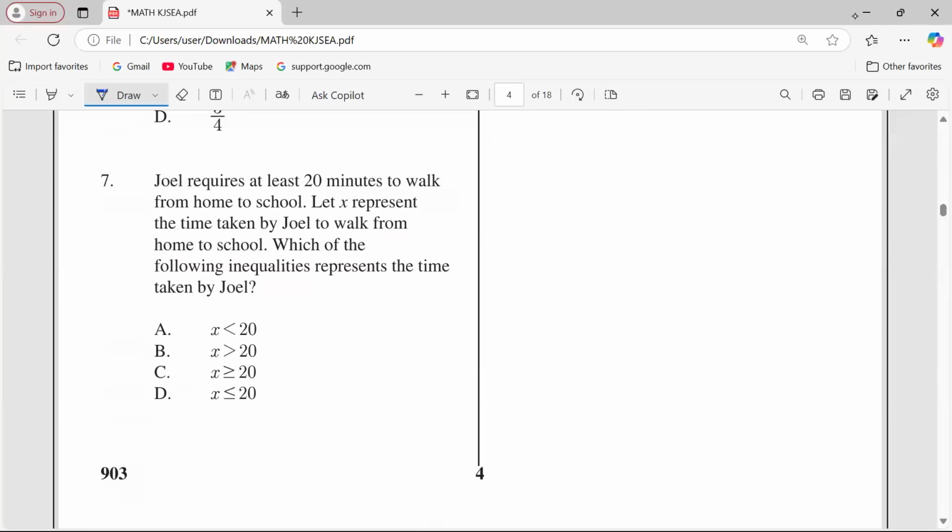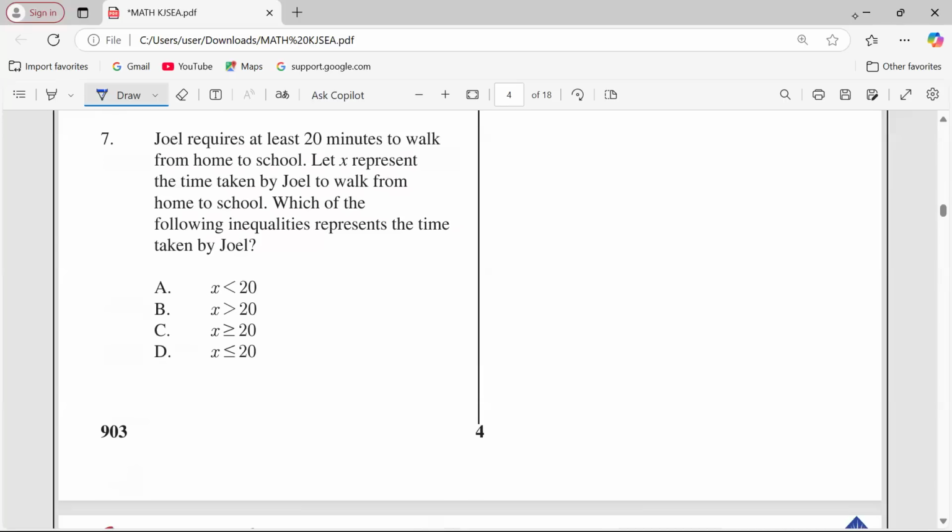So this is a clear indication to mean that the time taken by Joel, 20 is inclusive, then any value above 20. And that is why we say that C becomes the right answer. So the time taken should either be 20 or more than 20, so greater than or equal to 20.